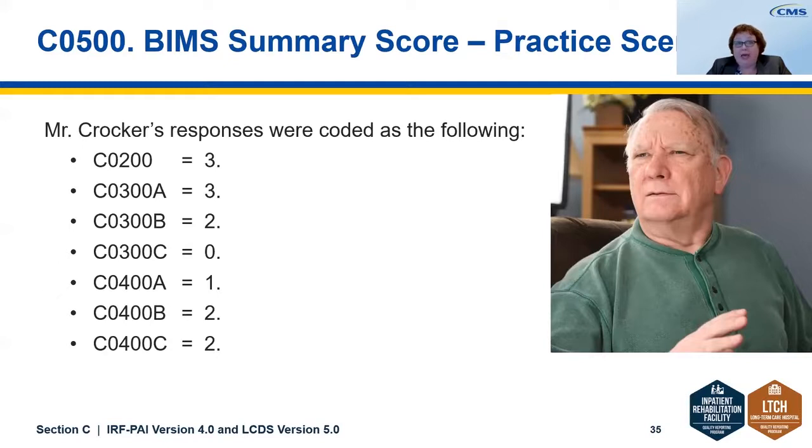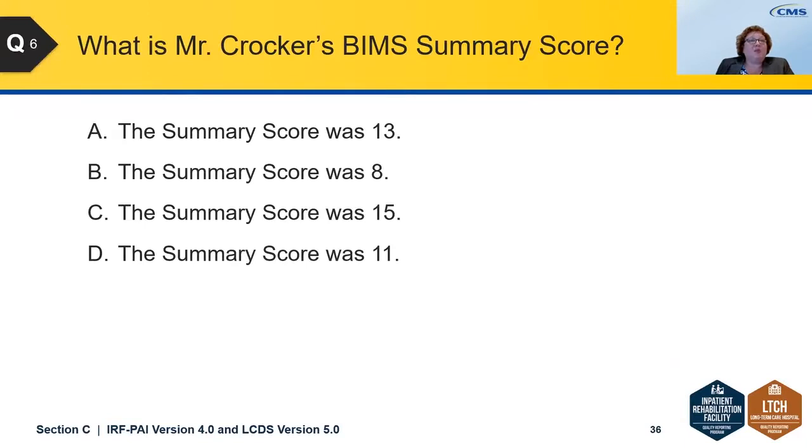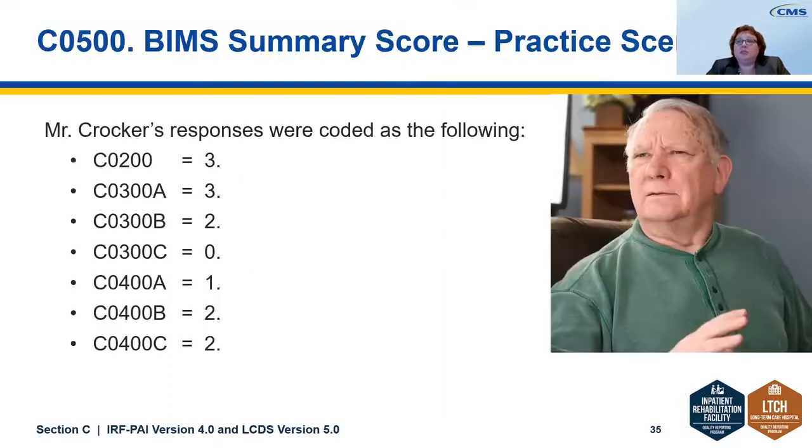And remember, as the name suggests, the BIMS summary score is exactly that, a sum of their responses. So what is Mr. Crocker's BIMS summary score? Is the summary score A, 13, B, 8, C, 15, or D, 11? And maybe we can go back a slide so they can see all those responses. Thank you.